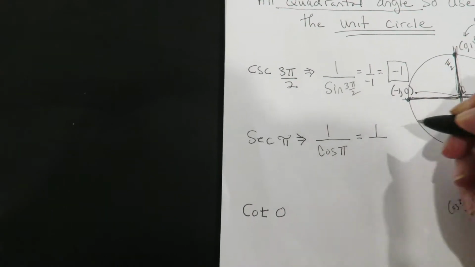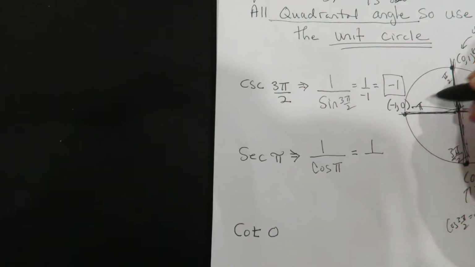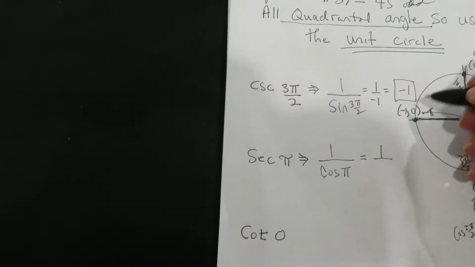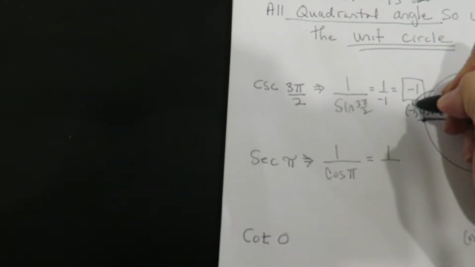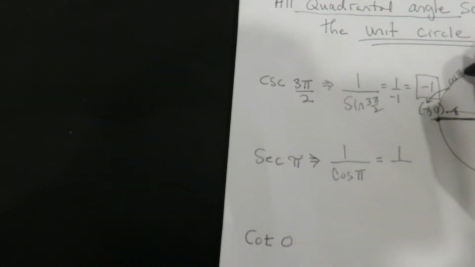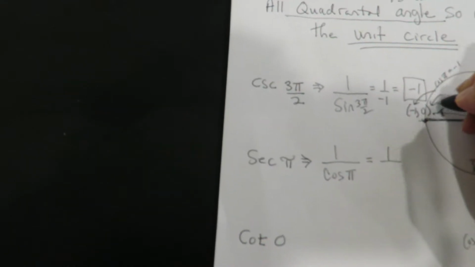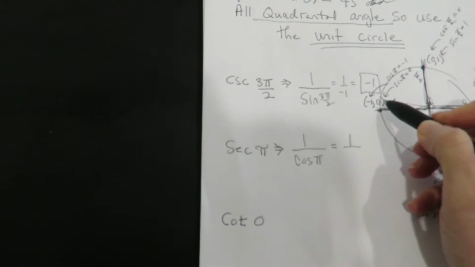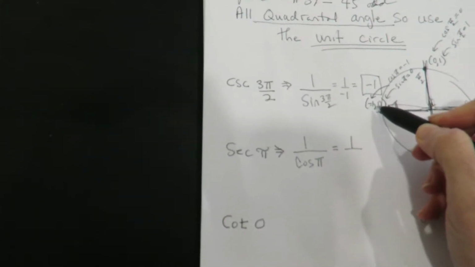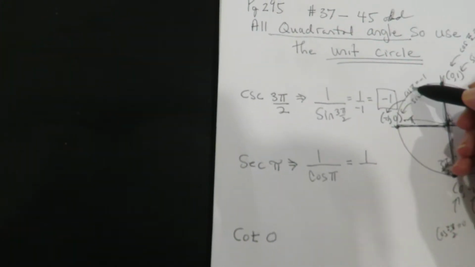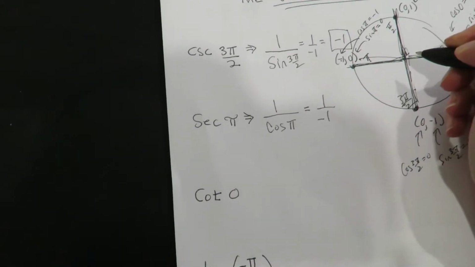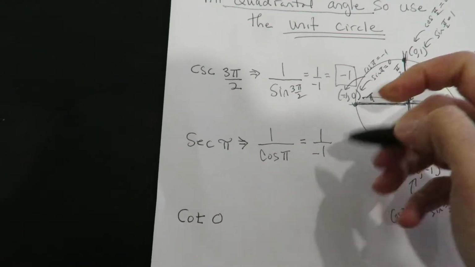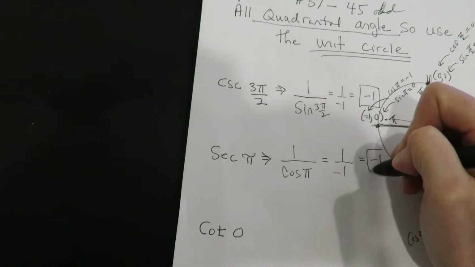For the cos of pi, I go to where pi is. The cosine of pi is the first value, so the cosine of pi equals -1, and the sine of pi equals 0. The first value is always the cosine. So I have 1 over -1, which is -1.